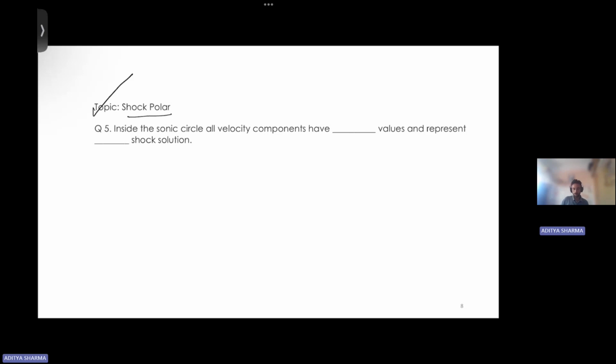Question number 5 is: inside the sonic circle, all the velocity components have dash values and represent dash shock solution. So let's see what the options are.